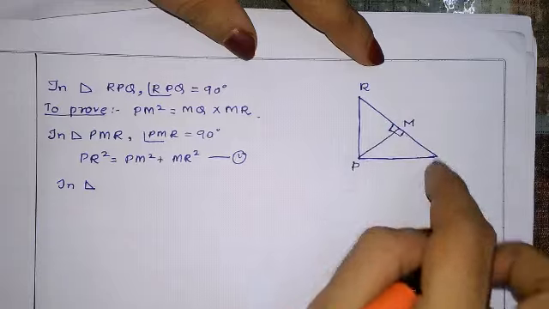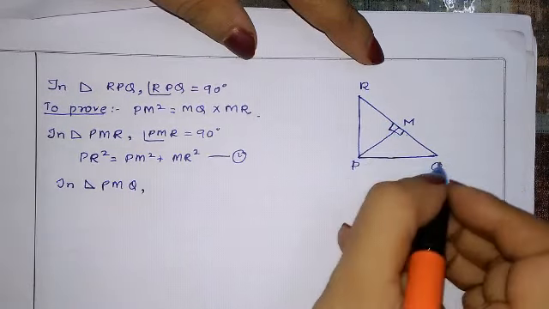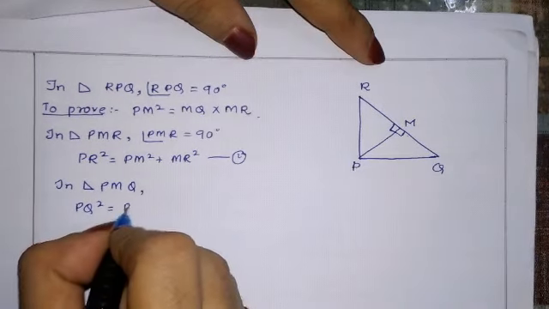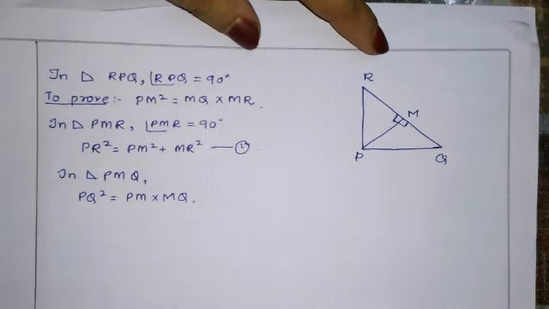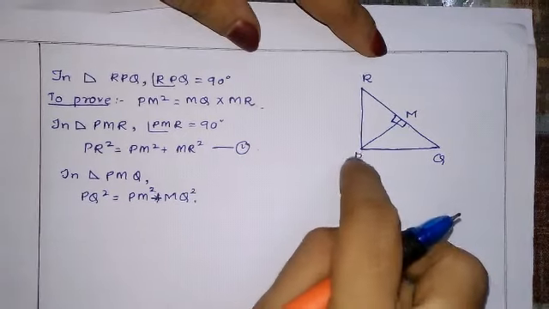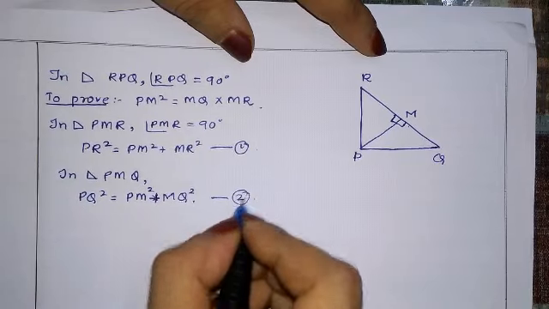Then I'll take triangle PMQ. Similarly, in triangle PMQ, what will we get? Opposite 90 degrees, PQ square is equal to PM square plus MQ square. We'll write equation 2.